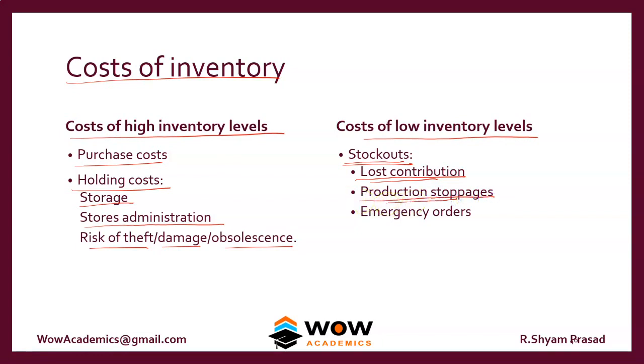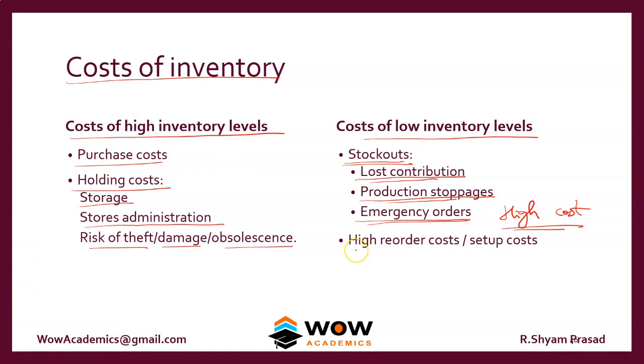For example, if a car manufacturing company doesn't have the engine at all, then the entire production has to be stopped, because without the engine the car cannot be produced. Or if you have low inventory, we can still get the orders, but we have to place some emergency orders. This has a high cost. It's something like ordering immediately, so for that immediate order we have to pay a high cost.